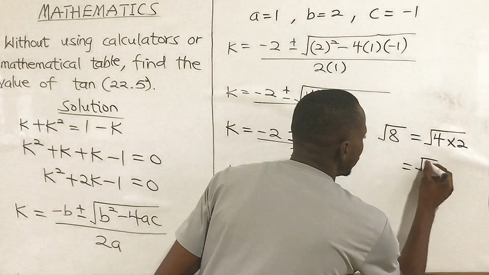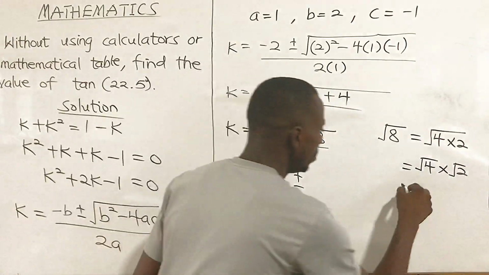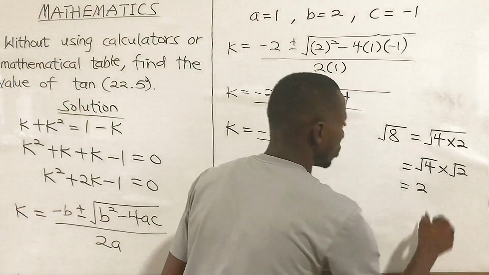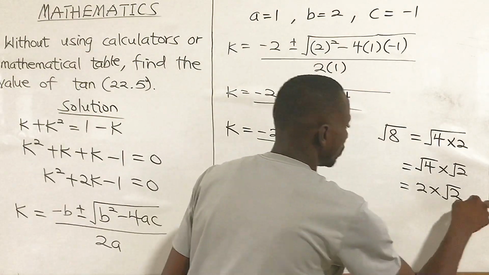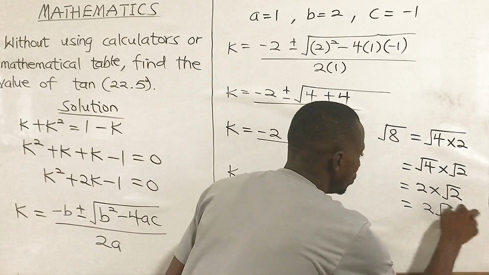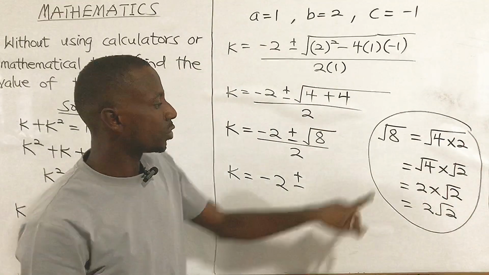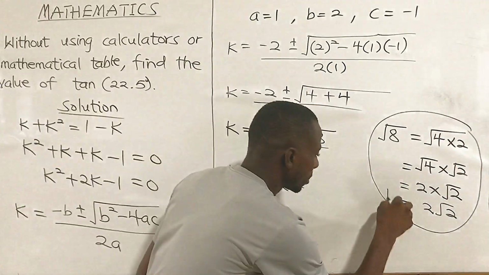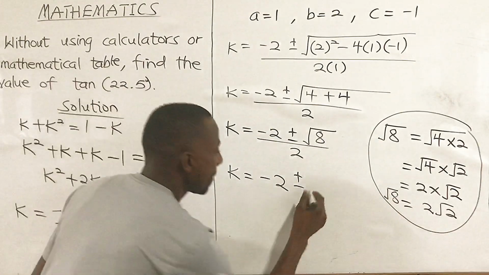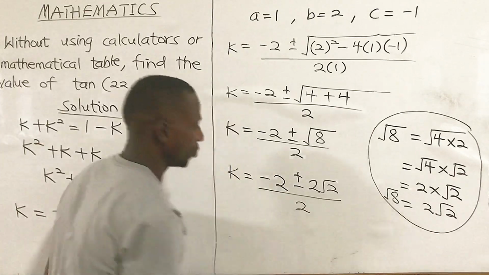So this is root 4 multiplying root 2. And we know that root 4 will give us 2 multiplying root 2. And here, 2 times root 2, we have 2 root 2. So that means root 8 is the same as 2 root 2. So I can put it here. 2 root 2 all over 2.